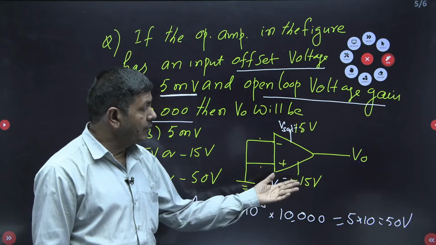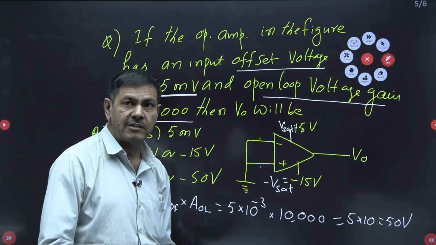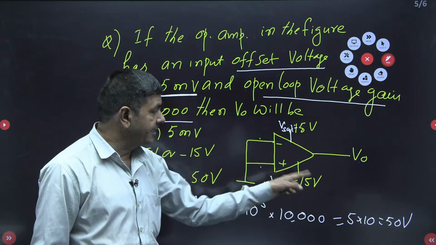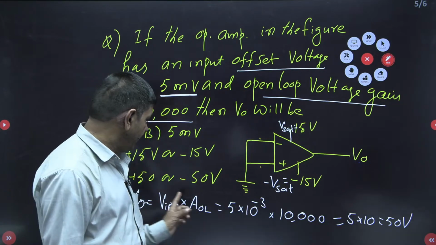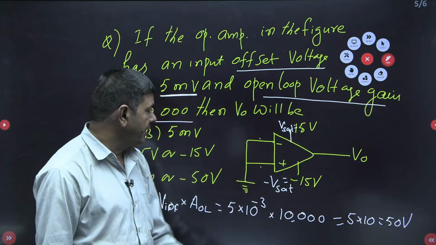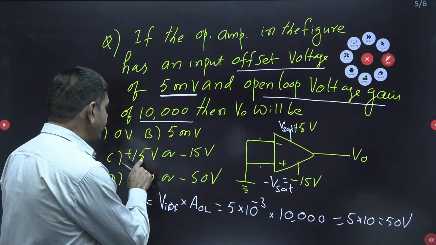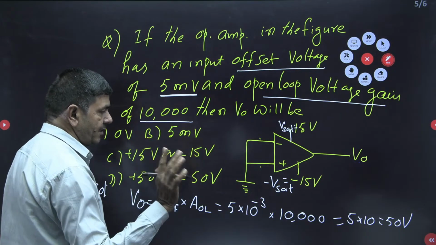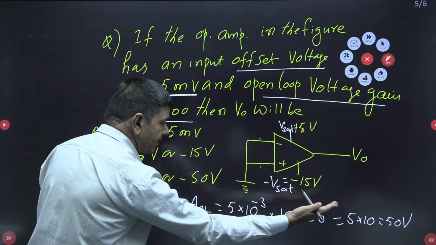If V0 is less than minus 15 volts, anything below minus 15 volts will be truncated, and it can give V0 equal to minus 15 volts only. What I wish to say is, when you get V0 as plus 15 volts, the output will be plus 15 or minus 15 only. Understand? That's why V0 exactly 50 volts is impossible.